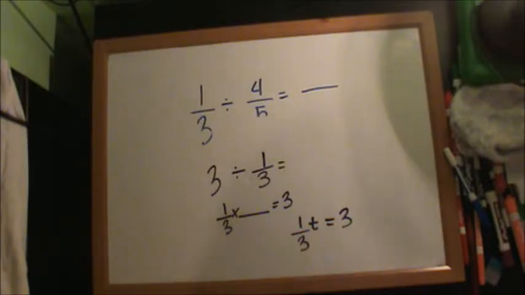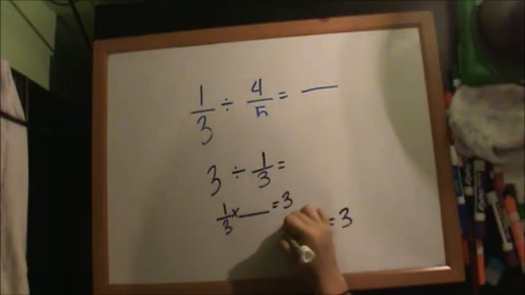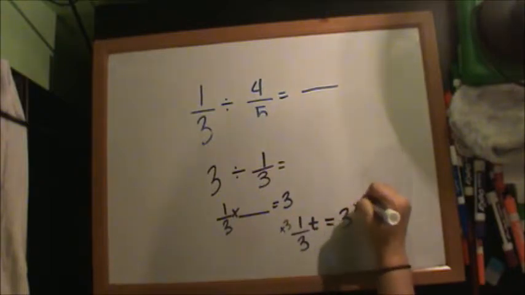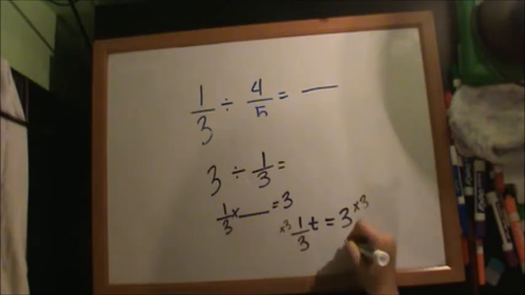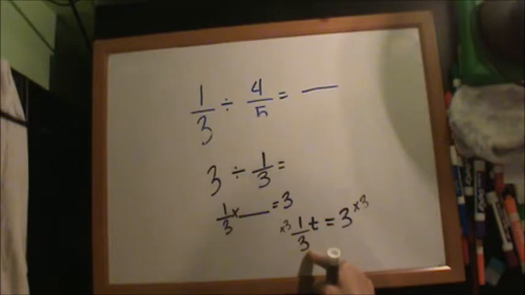So what do we do? Well, to get t by itself, we're going to multiply by 3 on both sides. So when we multiply by 3, this 3 cancels because 3 times 1 is 3, and then you're going to divide it by 3, which is 1.